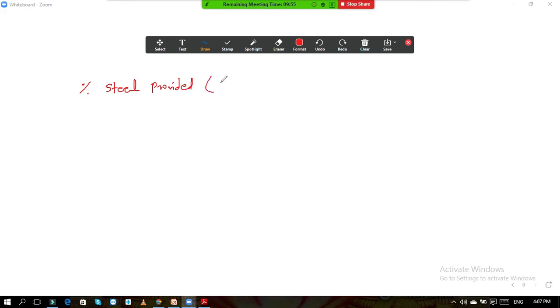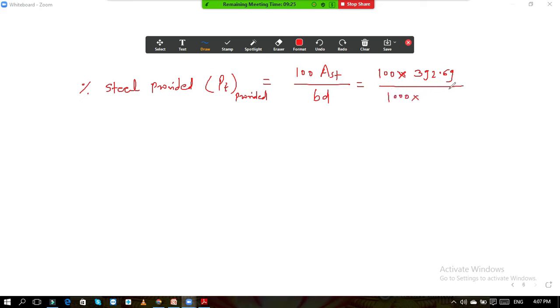We call this pt provided, and the formula for this is 100 Ast upon bd, which is equal to 100 into Ast, the area of steel provided, 392.69, divided by b which is 1000 and d which is 100. So it comes out to be 0.39%.